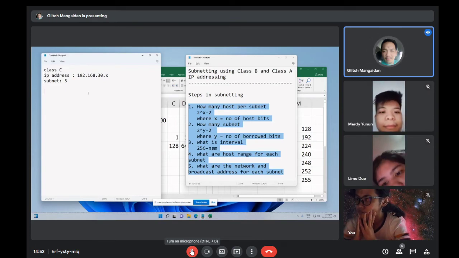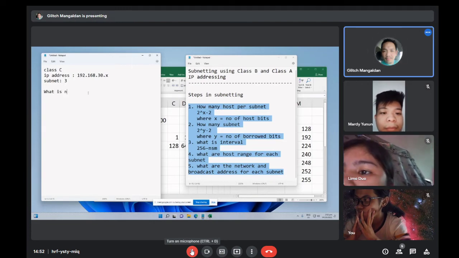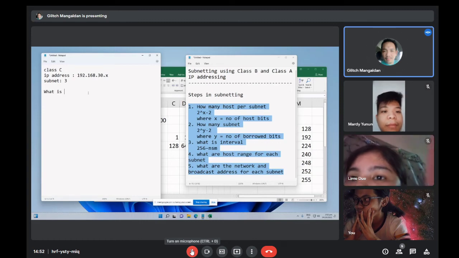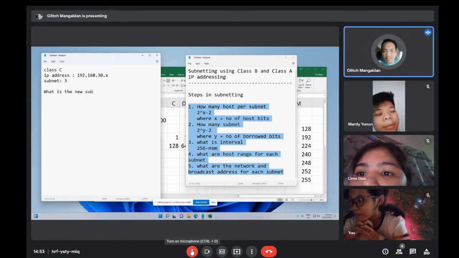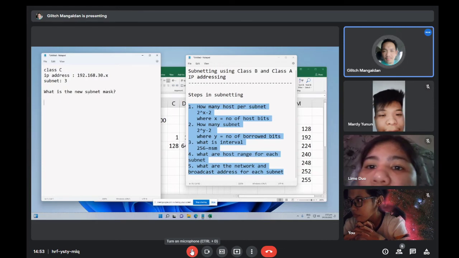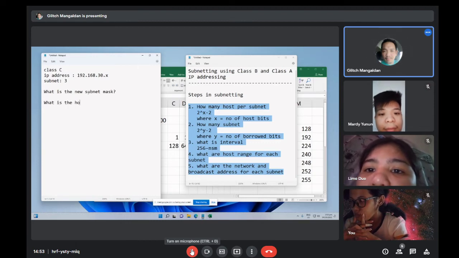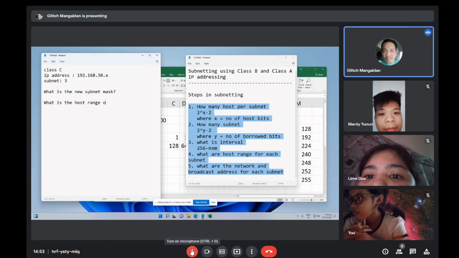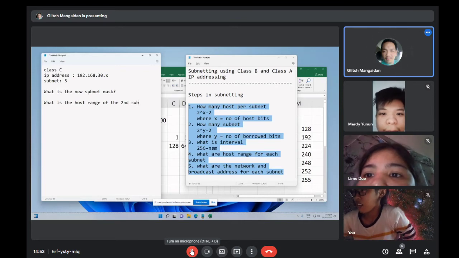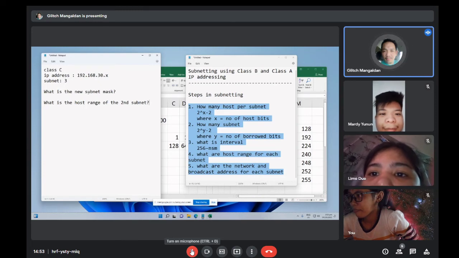Ang question natin is, what is the new subnet mask to be used? And number 2, what is the host range of the second subnet?